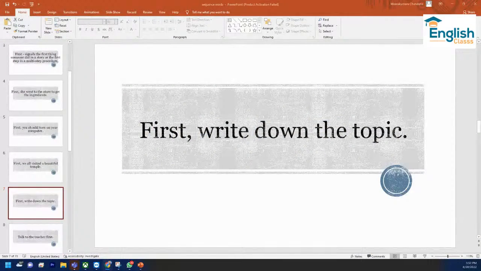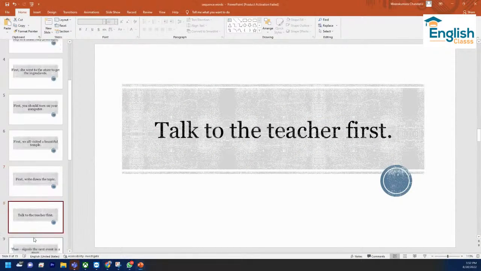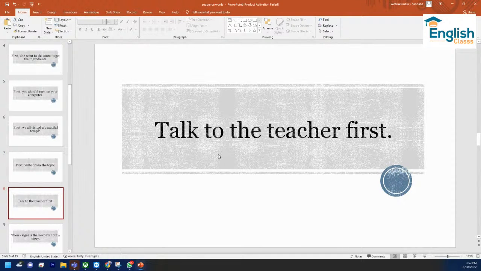Now look at this example given here. Talk to the teacher first. Now here in this example, the sequence word has been used at the end of the sentence. Remember, you can use this word first at the end of the sentence as well.